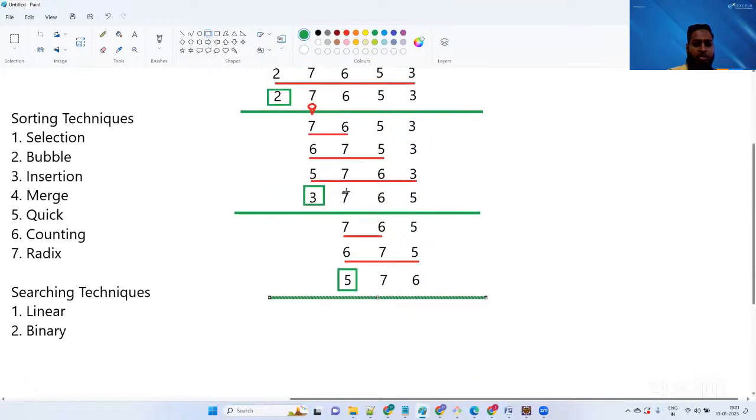Now what are my unsorted elements? 7 and 6. So I take 7 and 6, and you know it will hammer the nail. Nail will be hammered at the first unsorted element. So it got hammered over here. 7 and 6, 7 is greater. Here it will swap to 6 and 7.